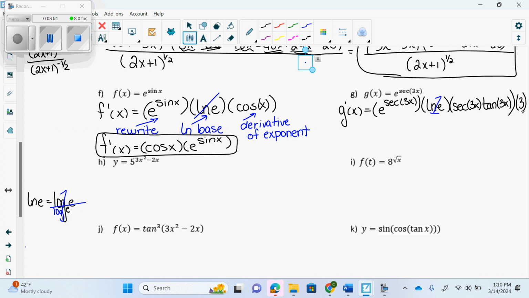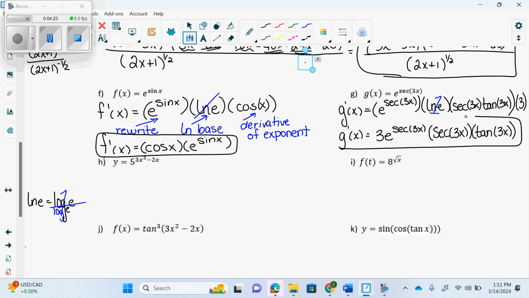You will still only do one 3, because you're doing the derivative of the original, which had one 3x in it. That one only has 2 because you took the derivative of secant, which is secant tan. And then it often gets rewritten with the 3 in front. So they'll go 3 e to the secant 3x times secant 3x tan 3x.